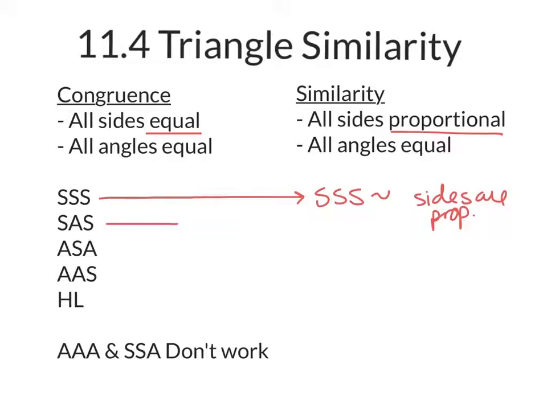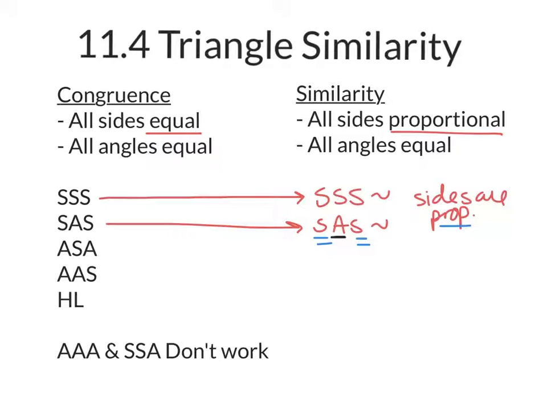Side, angle, side is also still a theorem. And in that one, same idea. The angle is going to be congruent, because we said angles have to be equal, but the sides are going to be proportional, like we said. Now, there is really one other theorem left here.